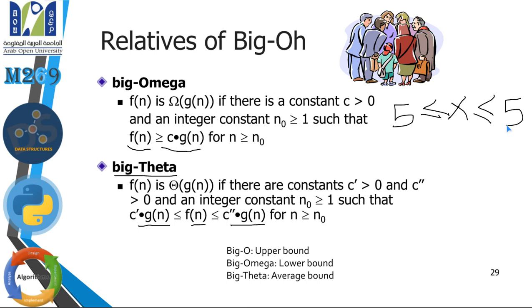Some lines of the code are executed one time. For example, when I say integer x, this line of code will be executed at constant time because it is going to be executed only one time. So the time that this line is taking is actually 1. But when I write a for statement, for integer i equals 0, i less than 10, i plus plus, how many times is this for loop going to be executed?